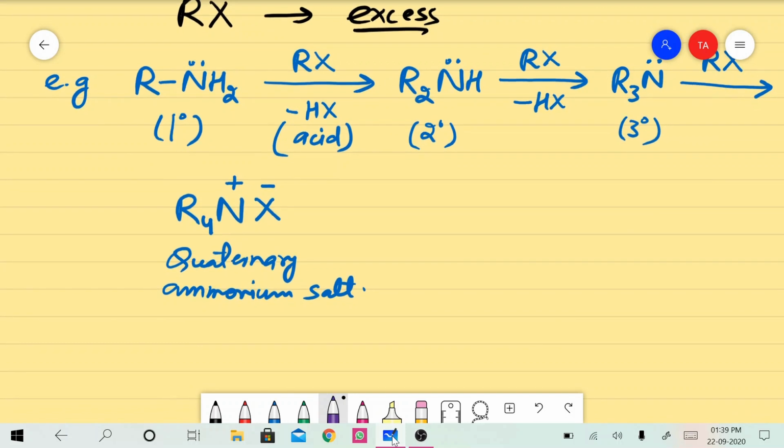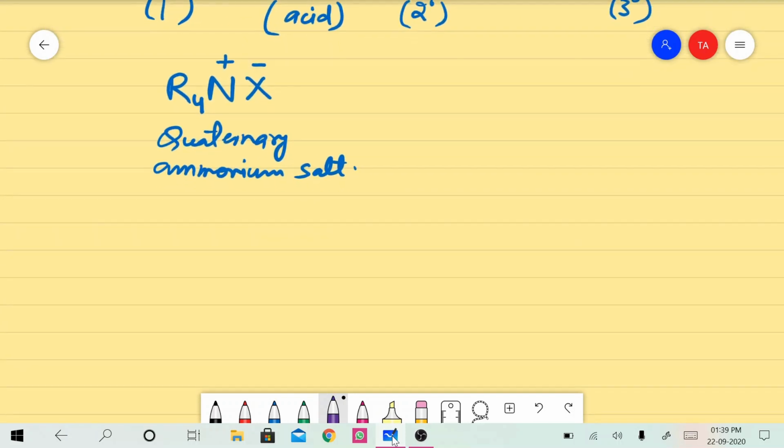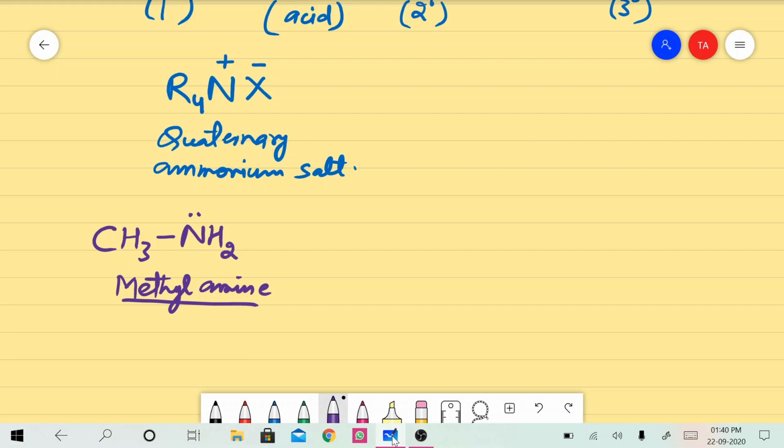इसमें अगर हम एक एग्जांपल करें, जैसे मिथाइल अमाइन, एक प्राइमरी अमाइन है.